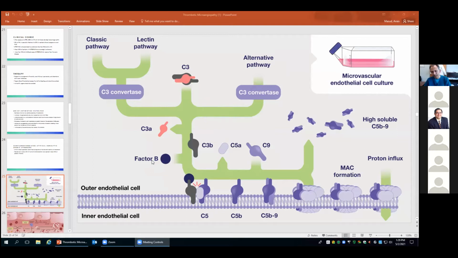If dysregulation happens, that leads to complement-mediated HUS and some other conditions also. Basically, the alternative pathway is always in a slowly active form, and when dysregulation of its activity happens, that leads to complement-mediated HUS.